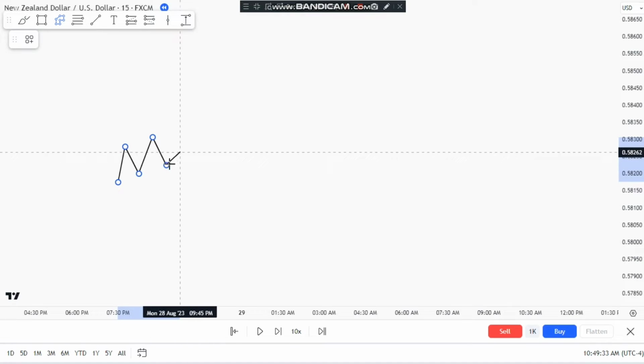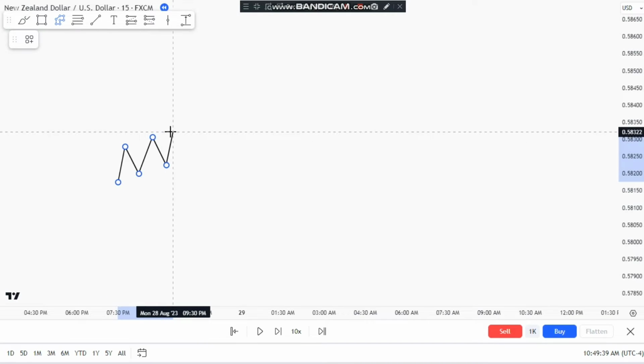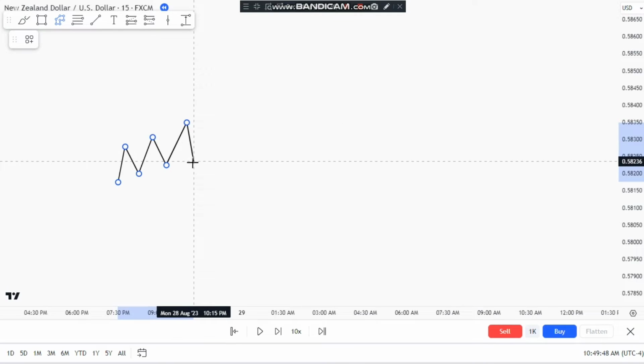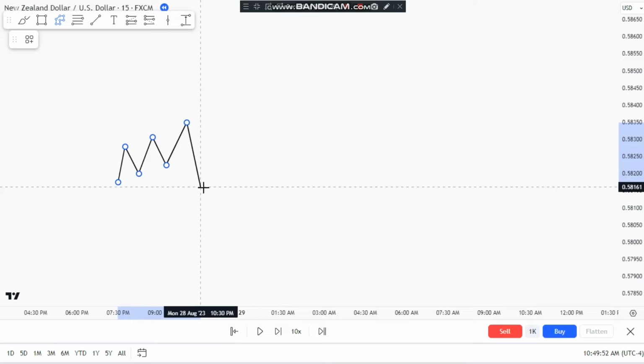Then we get a sweep of either the highs or the lows in the London session. In this case we will discuss the highs. So let's suppose this is the London session and it sweeps the highs of the Asian session. Then the price comes down and sweeps the lows of the Asian session.